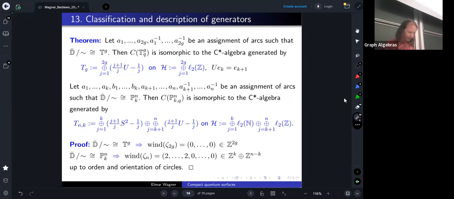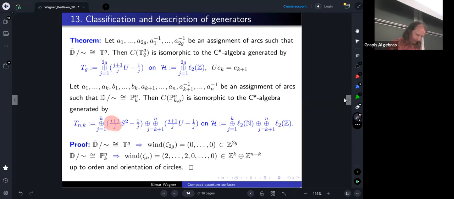Now, in the case of the connected sum of projective spaces, we have these first arcs that appear twice, that have winding number two. So the corresponding Fredholm operator should have index 2. Well, it can have minus. If it has minus 2, we just take as a generator the adjoint. So I choose here the shift. The shift has its essential spectrum as a circle.